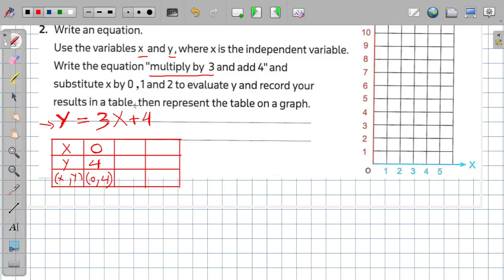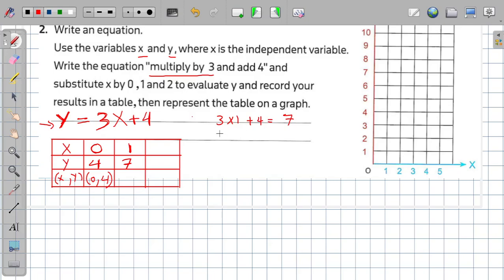Next, I have 3 times 1 because I have x equals 1. So 3 times 1 plus 4 equals what? Equals 7, because 3 times 1 is 3 plus 4 equals 7. So when x equals 1, y equals 7.